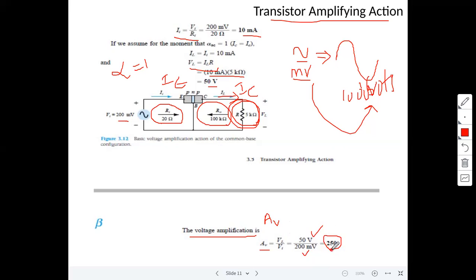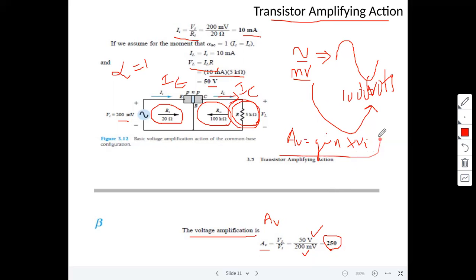So very high gain. That means output voltage is equal to 250 multiplied into input voltage. So output voltage is equal to gain into VI.